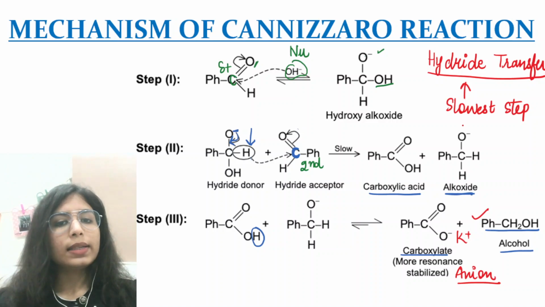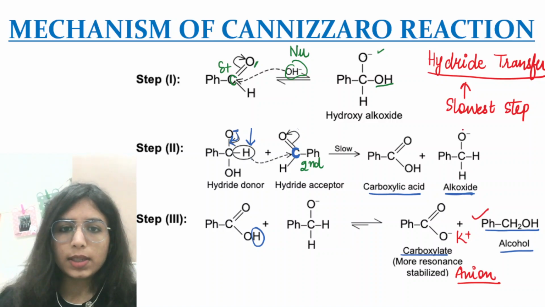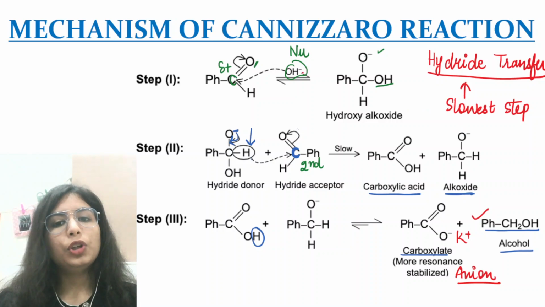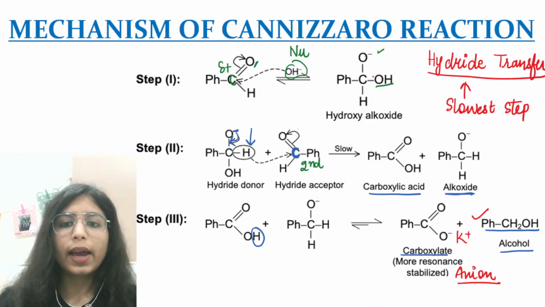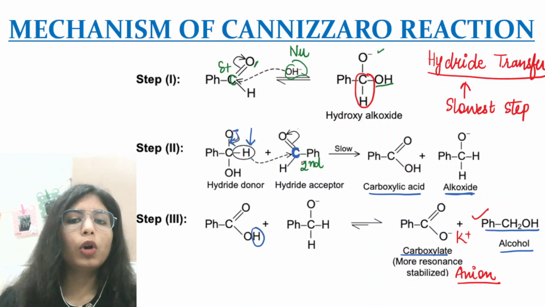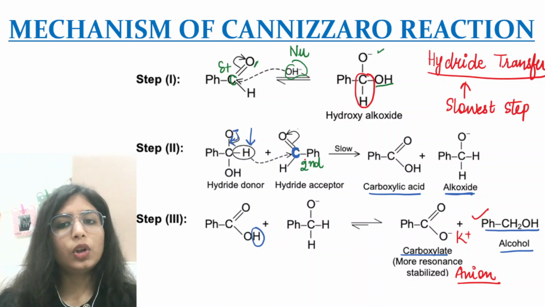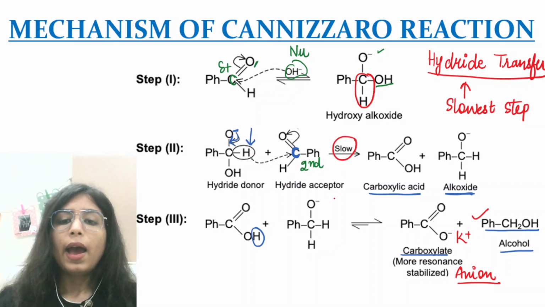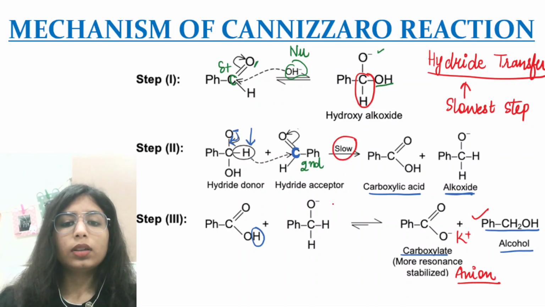Alright, so basically the mechanism involves three steps. The first step is the attack of a nucleophile, which is the base in this case, and the next step is the transfer of this hydride to another molecule of the compound that you have taken in your reaction, and this step is the slowest step. And what is going to happen in the third step?